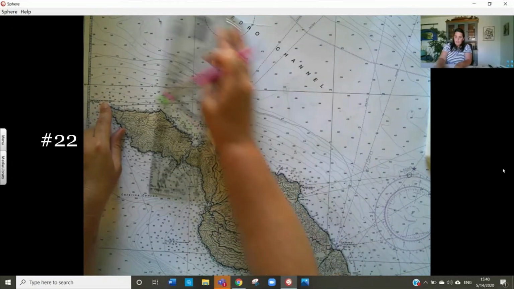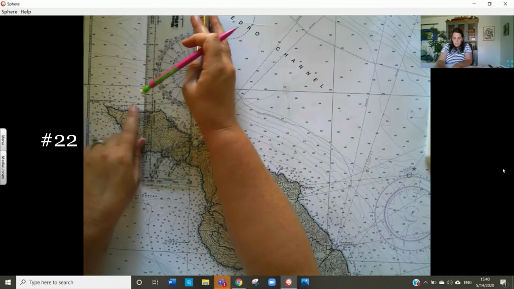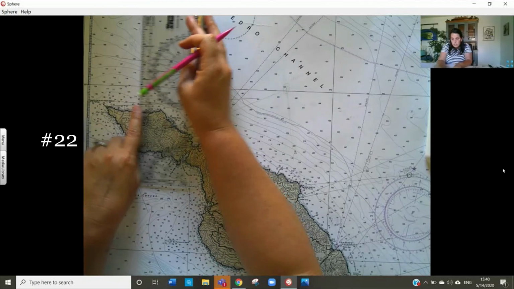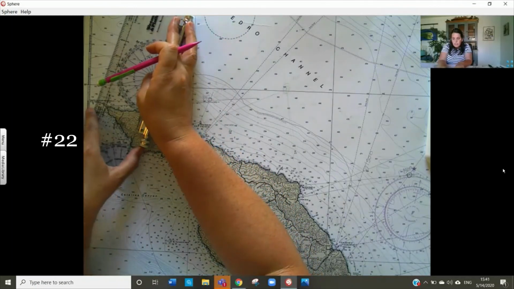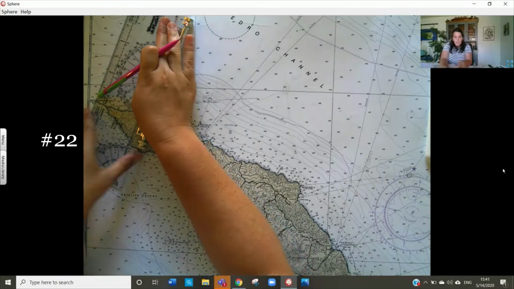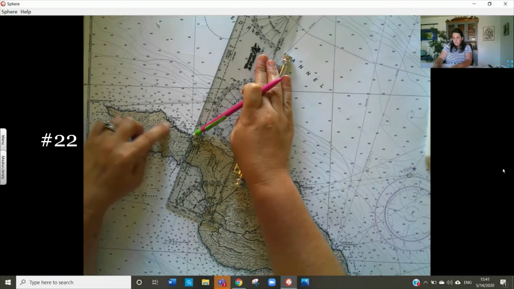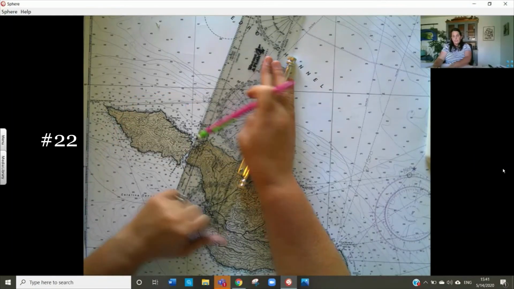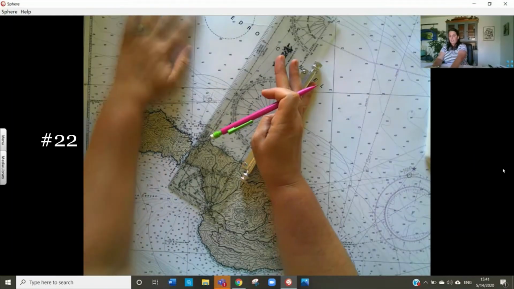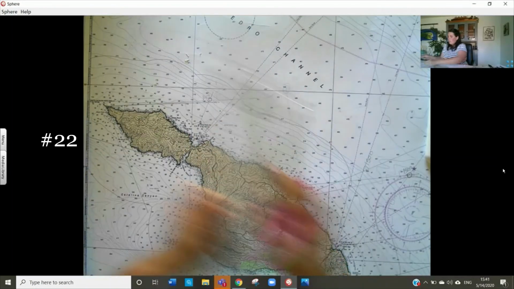And then same with our 202, somewhere around there. And you can just bring it over to Ship Rock and plot it there. So there is a compass rose that we can use for using the roll plotter.